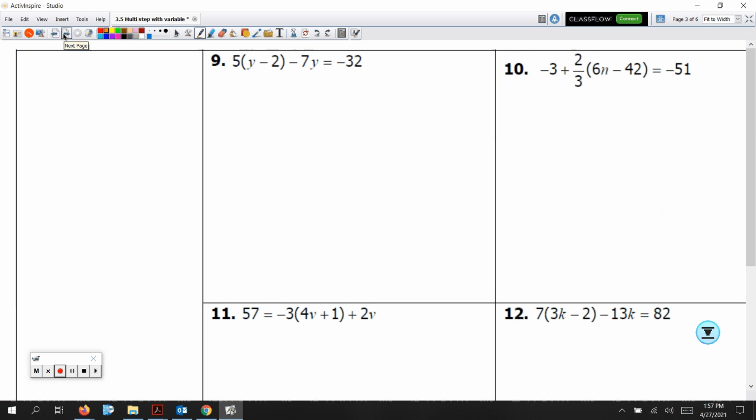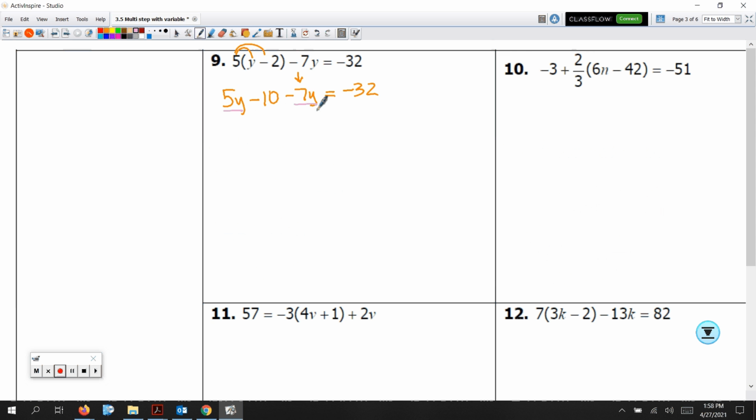All right, so now we're ramping it up just a bit, okay? So I need to distribute first, because that's step 1. 5 times -2 gives me -10. Now we need to write everything else down. Please bring the signs with you, okay? So now I have like terms. 5y and -7y are like terms.